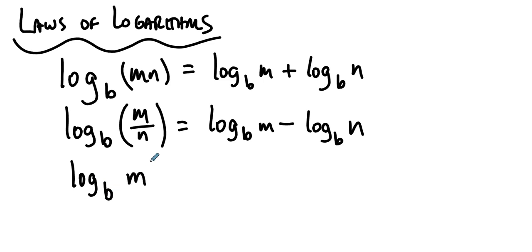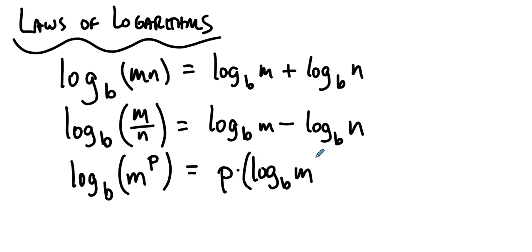When you take some number and raise it to a power, the log of that is the logarithm multiplied by p. Why? Because this is m times m times m until you have p copies, and so we add the log to itself until there are p copies.